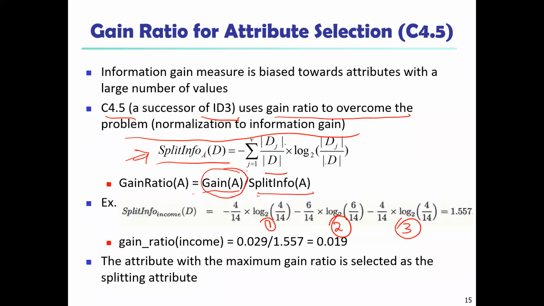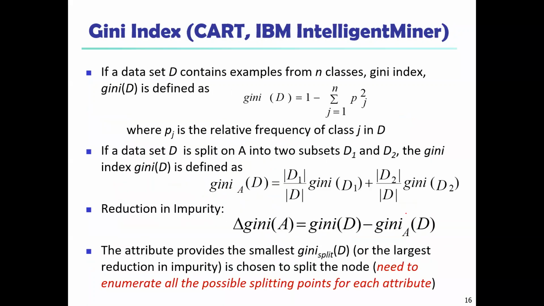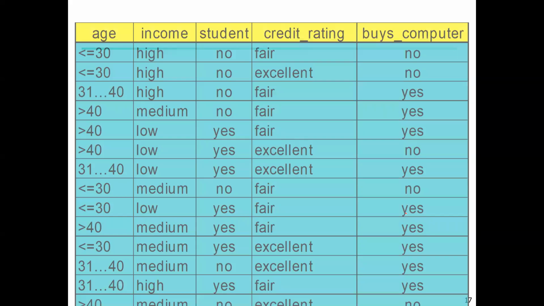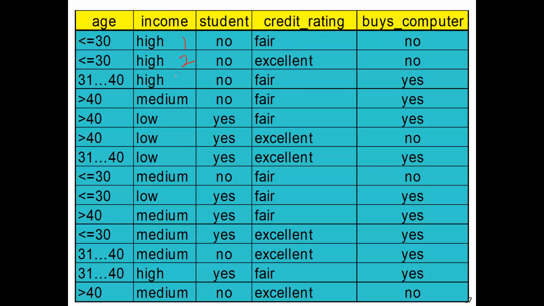For high, let us consider, how many highs are there? 1, 2, 3, 4 highs are there. How many lows are there? 1, 2, 3, 4, four lows are there. How many mediums are there? 1, 2, 3, 4, 5, 6. Total 6 mediums are there.